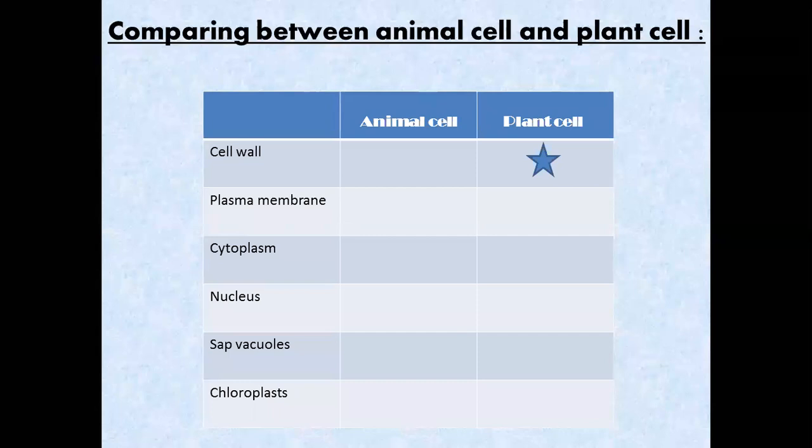Sure, we said plant cell, to protect the plants from outside, but the animal cell has only one cover and it's not the cell wall. Okay. Number two, does the plasma membrane exist in the animal cell, plant cell, or both? Both. Very good. Both, because we said that the plasma membrane must exist in any type of cell, animal or plant. Okay. What about cytoplasm? Both. Very good.